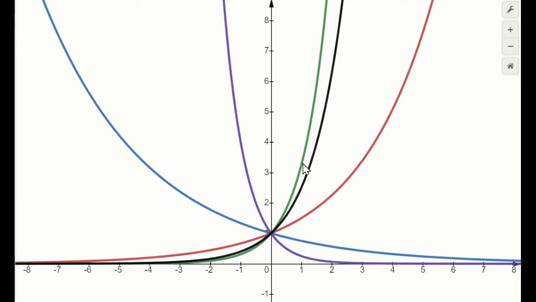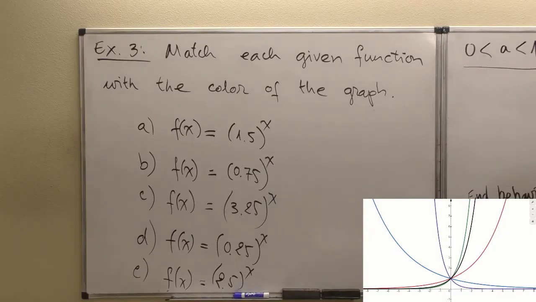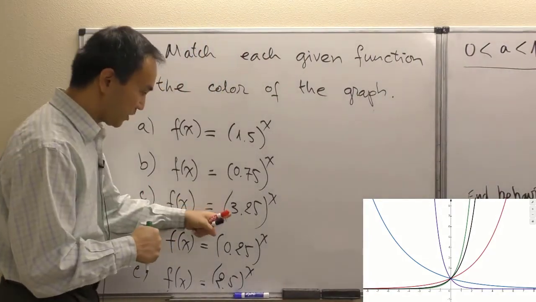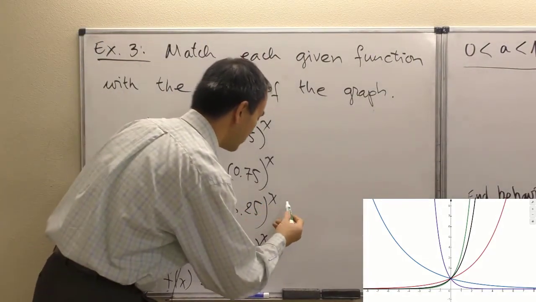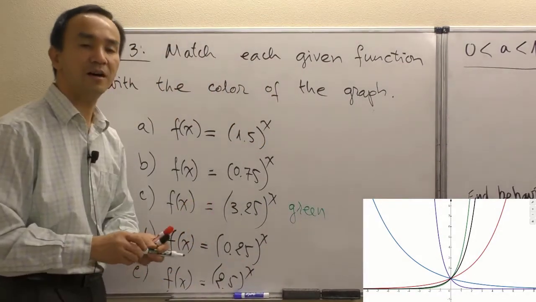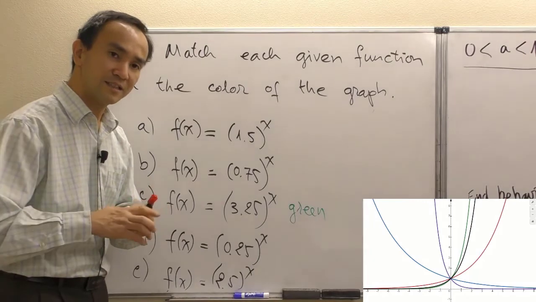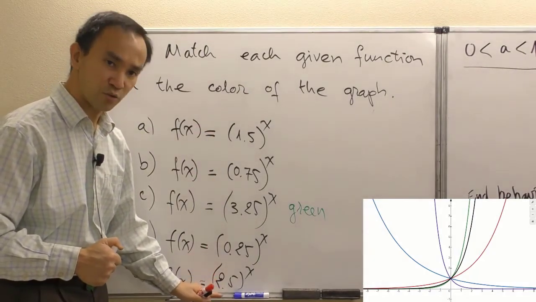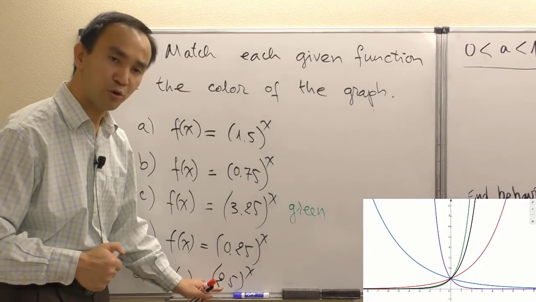Green here has to be for 3.25. So on my board, 3.25 is the green graph. I'm going to draw that with green color. All right, we've had that. And then the next highest one down the list is this 2.5 right here.